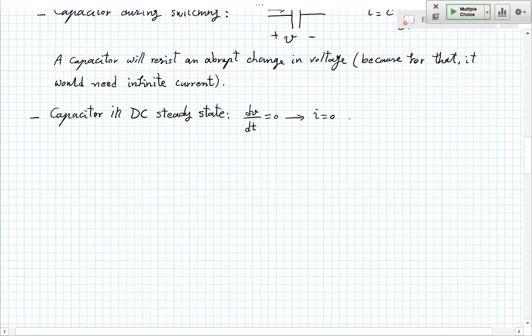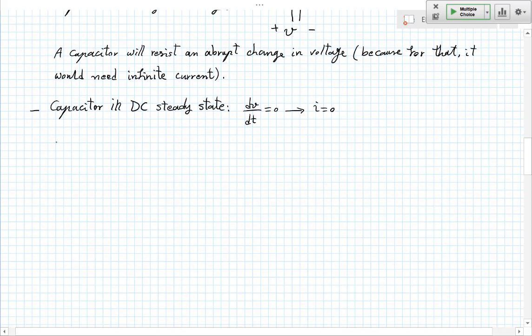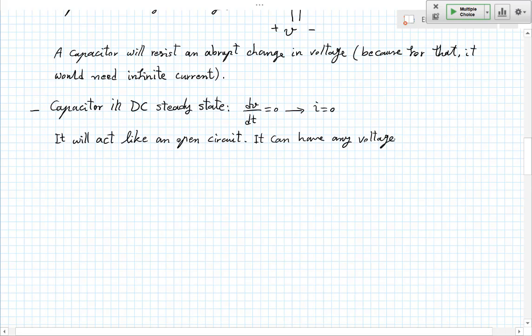Which means it will act like an open circuit. No current. It can have any voltage, and that is based on what the rest of the circuit requires of it.